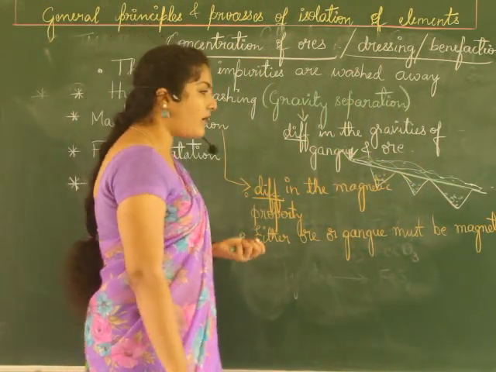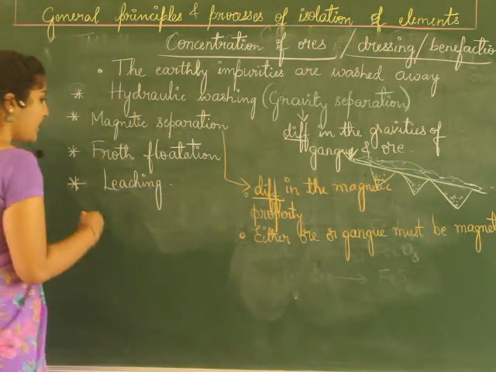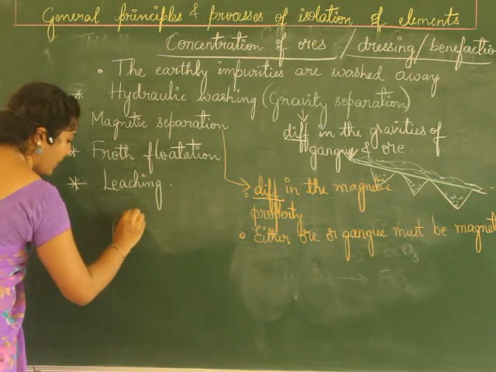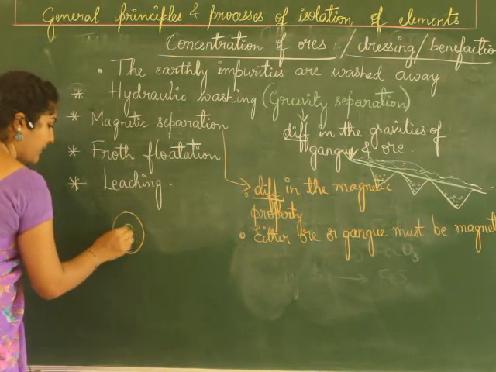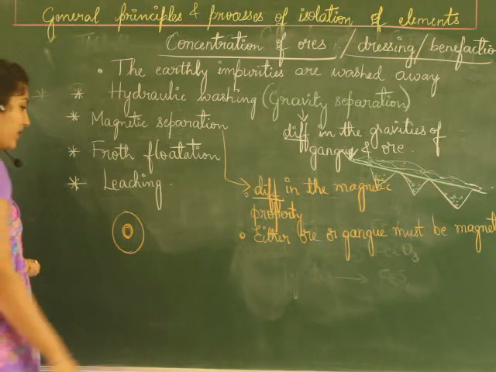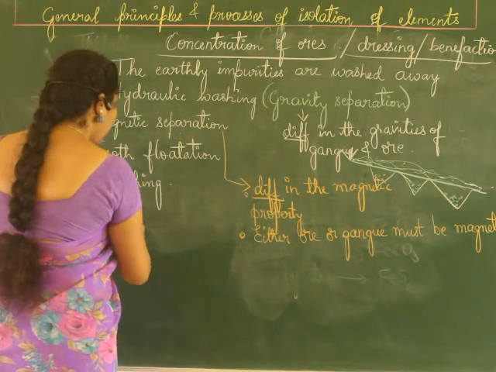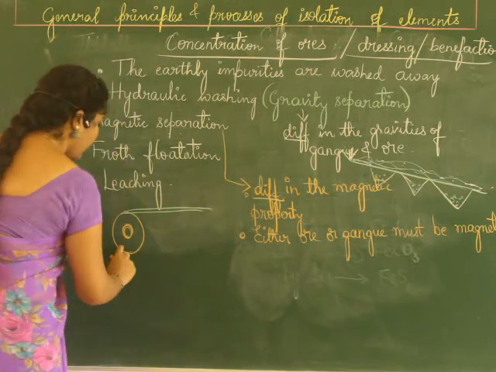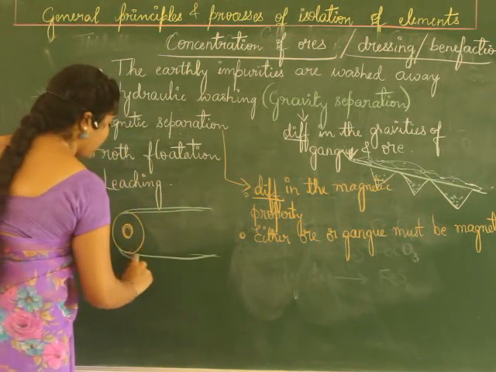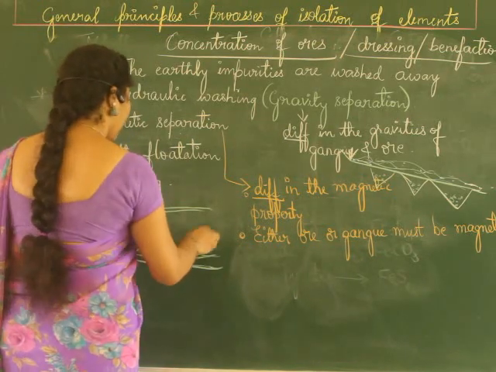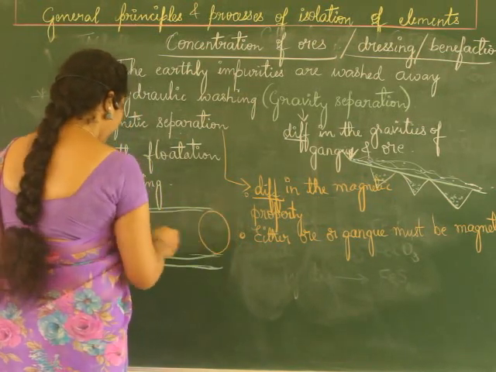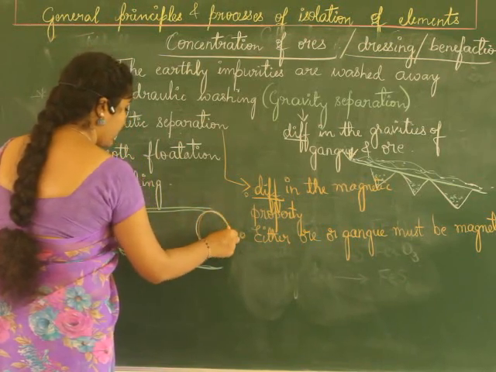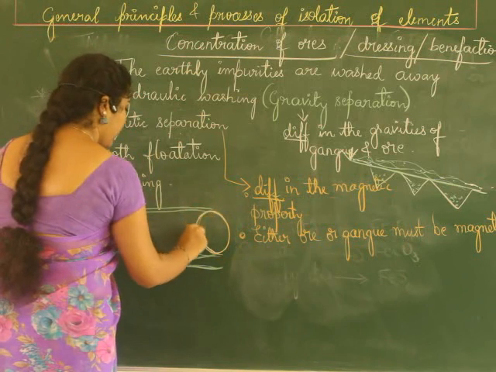Now let me draw a diagram, a rough picture of it. Here what happens, the rollers are taken. So one roller, a magnetic roller, will be taken, and here a conveyor belt is placed. The other one, two rollers, out of which one is a magnet.